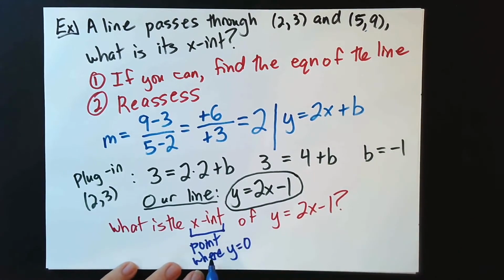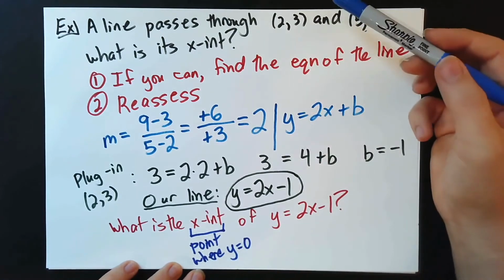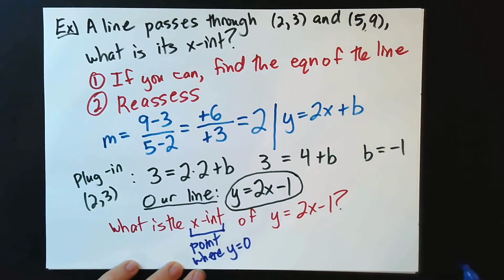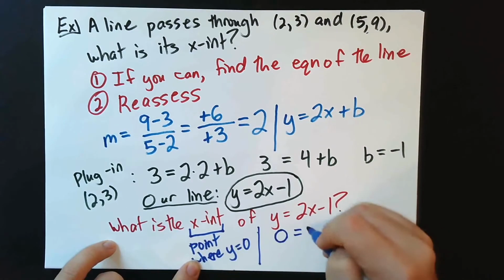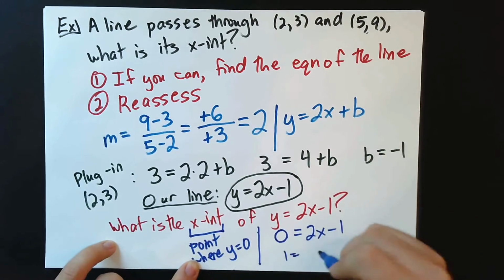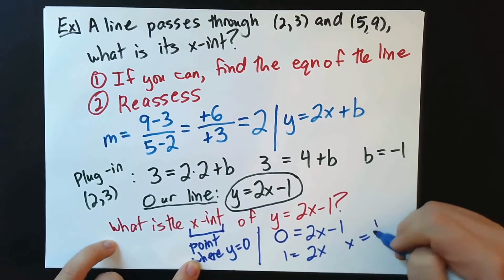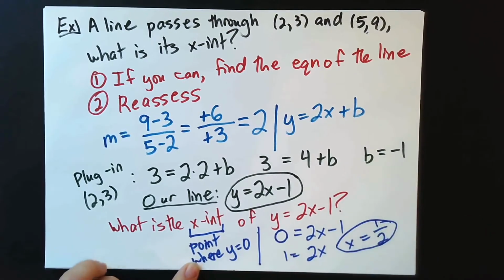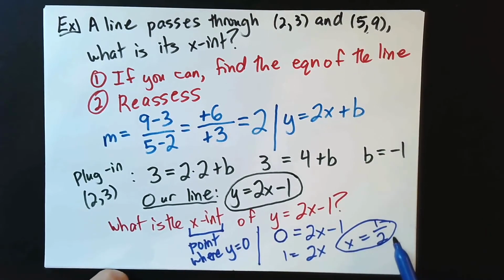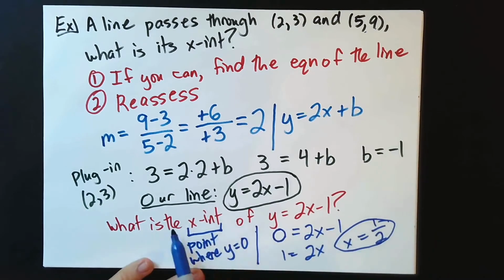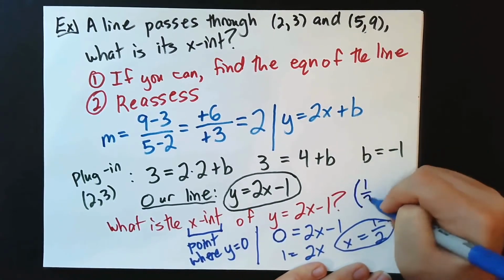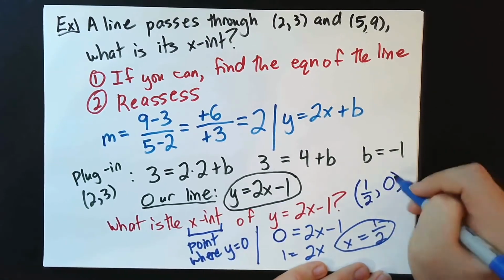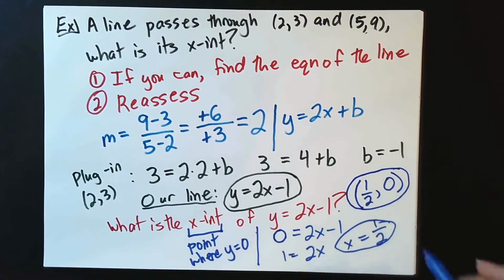So really, this is asking, what's the point on this line, y = 2x - 1, where y is 0? To do that, I just set y equal to 0 and solve. And I get that this happens at x = 1/2. Now, remember, we always want to list our x-intercepts and our y-intercepts as points. So we want to list it with the x-coordinate 1/2, comma, and then the y-coordinate 0, because it's an intercept. And so that is our answer to this question.